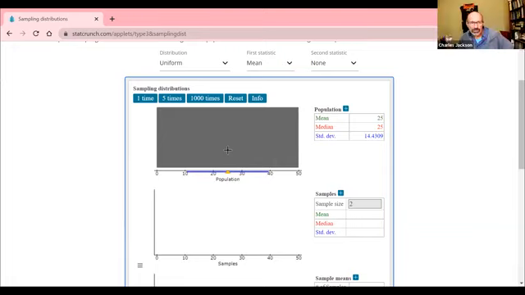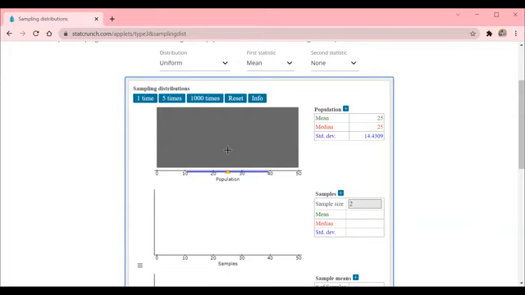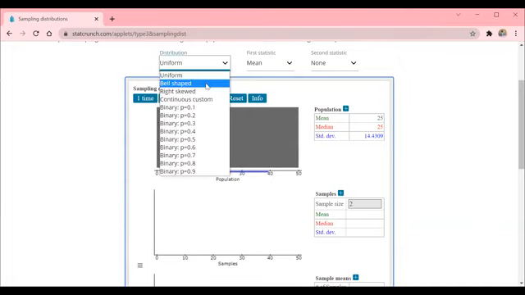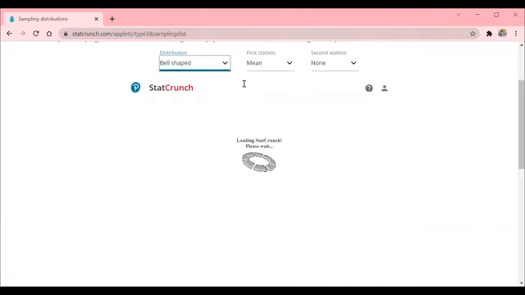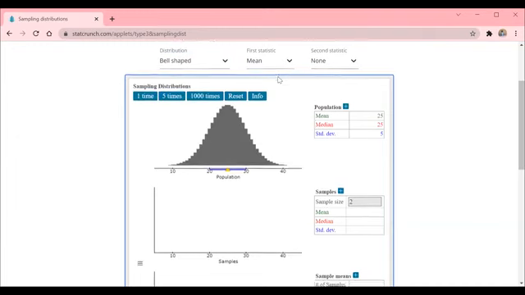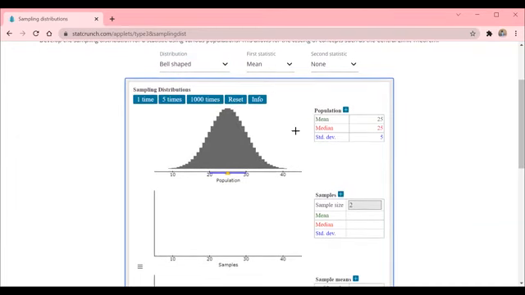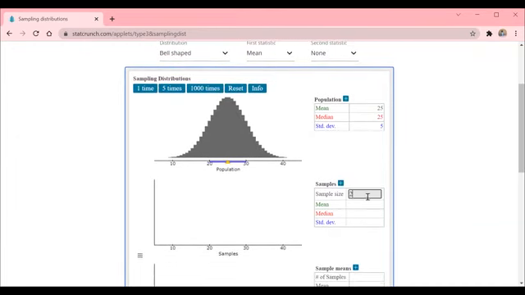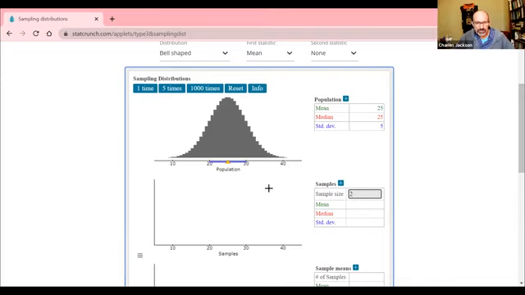Well, the first thing you'll do is where it says uniform, you'll change that to bell-shaped. And don't we need the sample size? Or no? 5 is the first one.